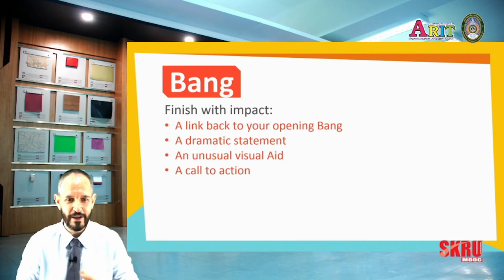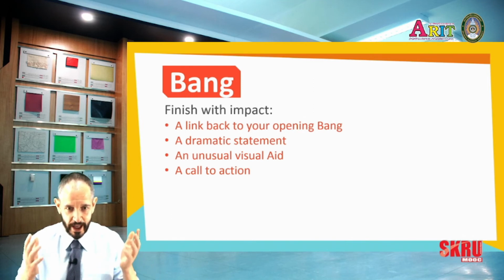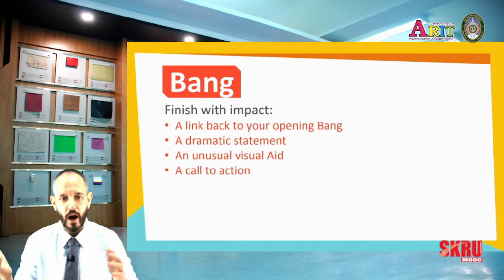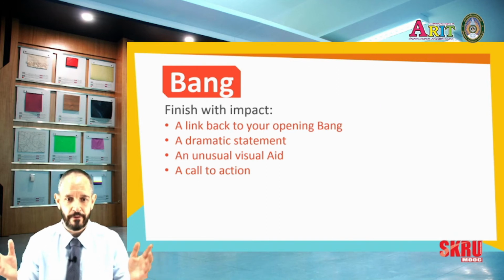You can use an unusual visual aid to get them thinking, or a call to action. Okay, you need to call this number, or we need to do this if we want to be successful. These are all great final bangs that you want to end your presentation with to make sure it's memorable and effective.